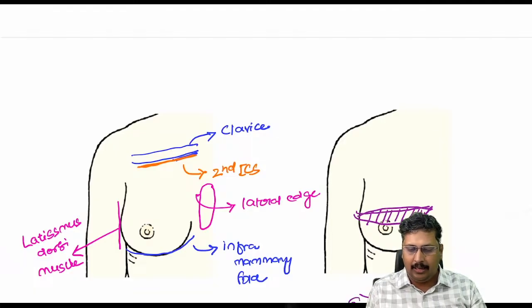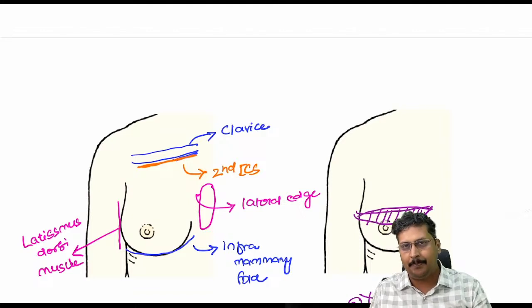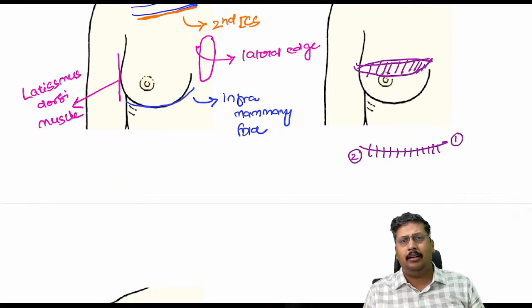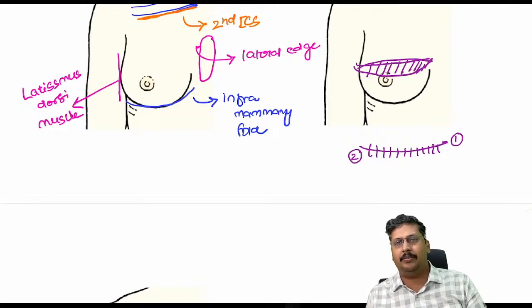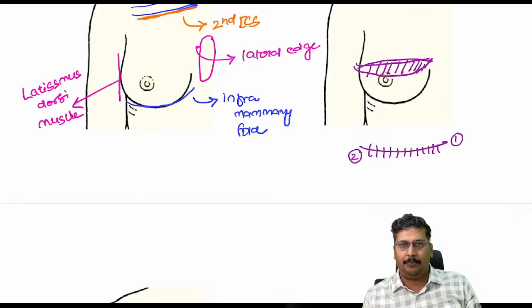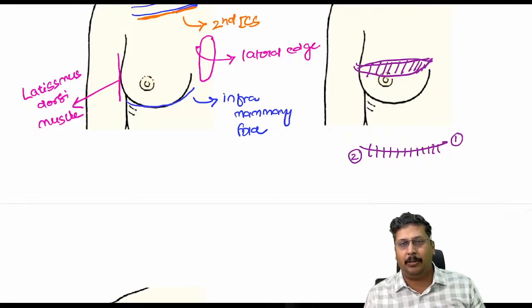Second thing is laterally it will go into the axilla, and whenever it is going into the axilla, another problem is that most of the time when these patients require post-operative radiotherapy, we have to include the scar in radiotherapy. So when the scar is going into the axilla, we have to give radiotherapy to the axilla.